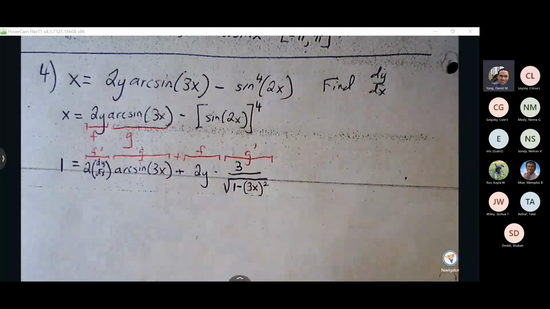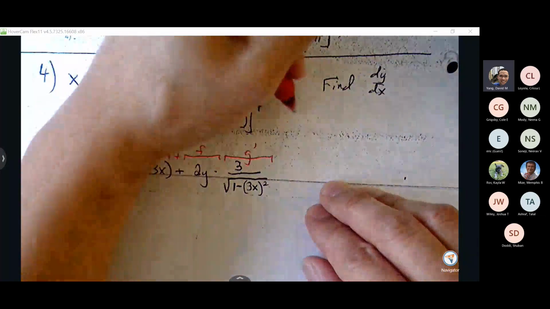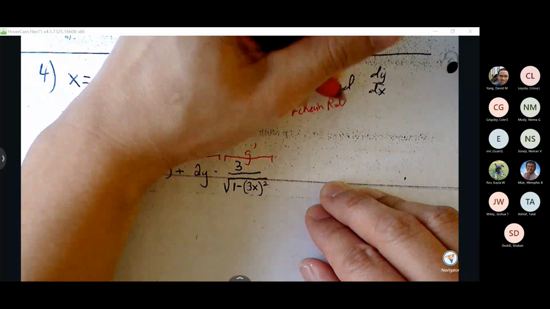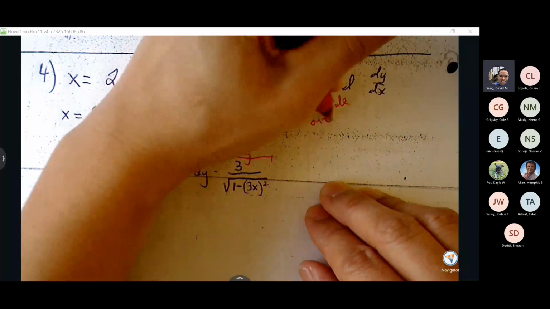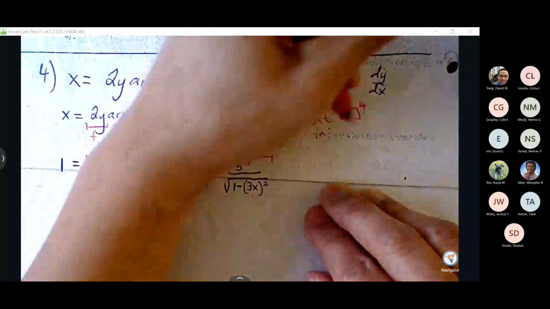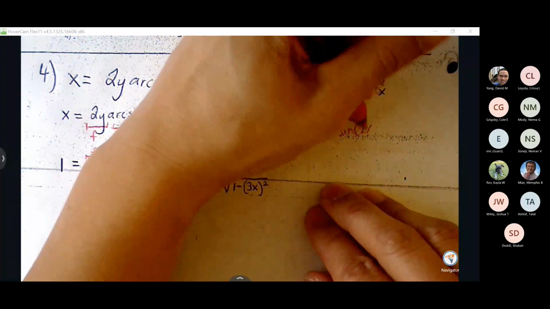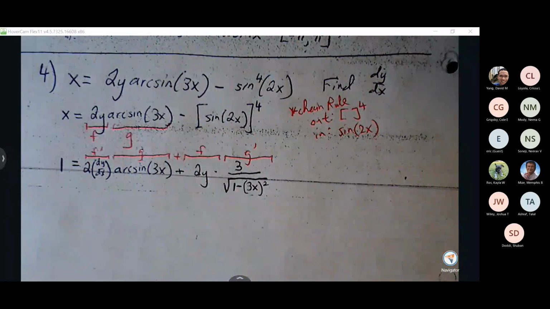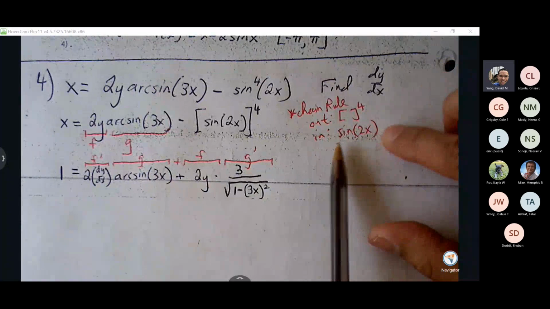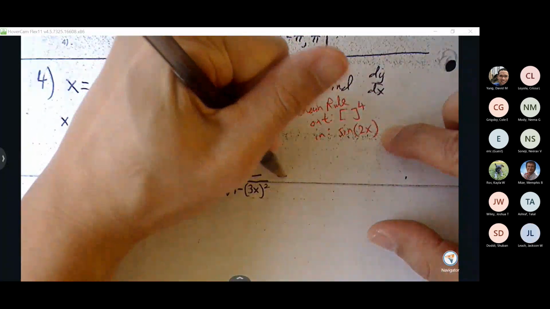All right, we said that this is chain rule, so chain rule for that last portion here. Got that outside and inside going on. So that bracket to the 4th, we can find the derivative first, and then we can follow that up with the derivative for sine of 2x.